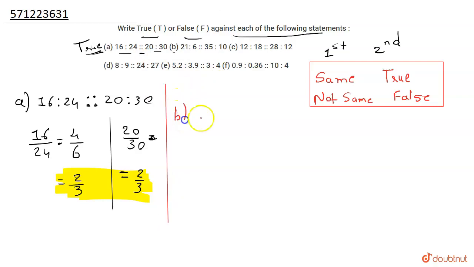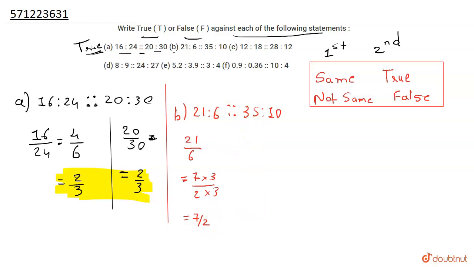For B, the question is 21 ratio 6, and the proportionality is 35 ratio 10. First of all, find the first ratio. 21 divided by 6 is 7 into 3 divided by 2 into 3, the 3 is cut, and that will become 7 by 2, right?